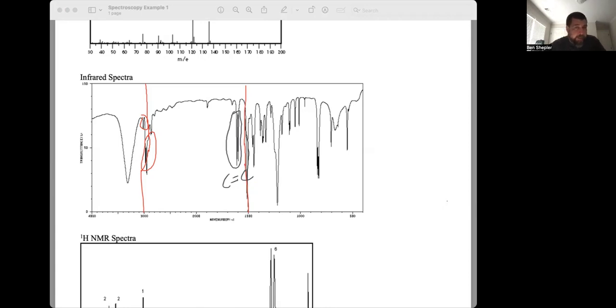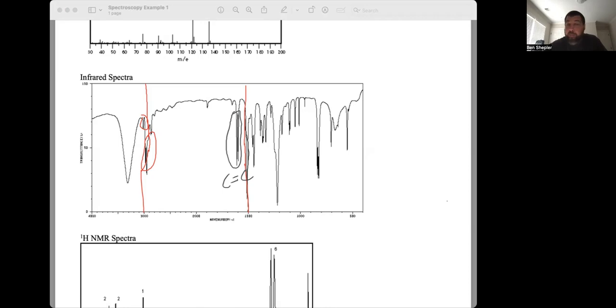They're kind of intense, and so they might have been carbon-oxygen double bonds. But I know from the HDI that benzene is going to use up all my degrees of unsaturation. And so the carbon-carbon double bonds that we're seeing are part of the benzene ring. I know it can't be C double bond O because I've used up all my HDIs with the benzene, and if I'd had C double bond O's, that would have made my HDI higher. So in this case it's just carbon-carbon double bonds, no carbon-oxygen double bonds.